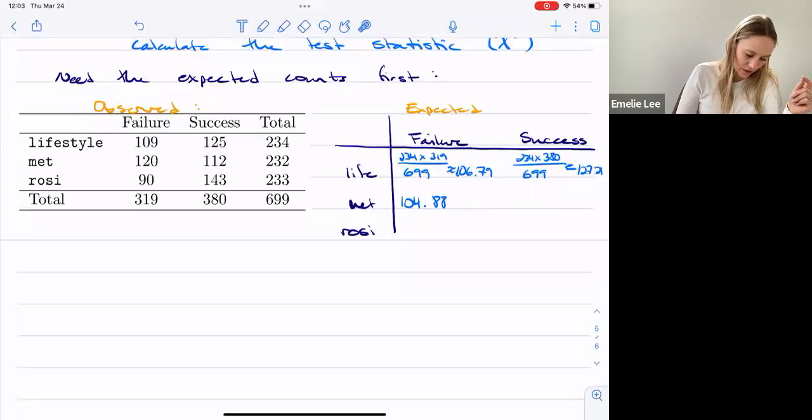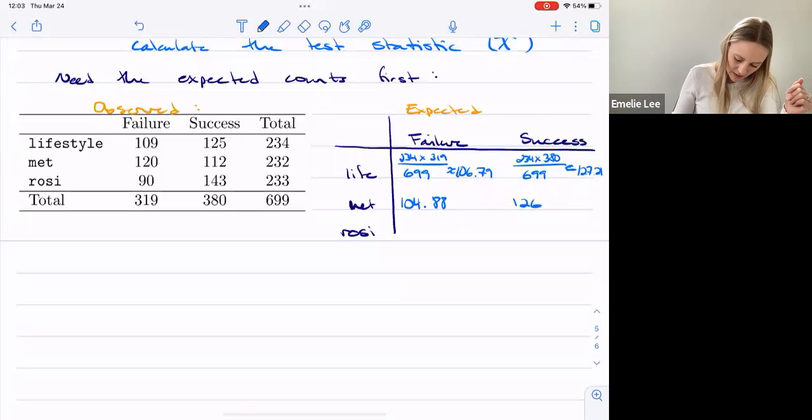And so 232 times 380 divided by 699 is 126.12.